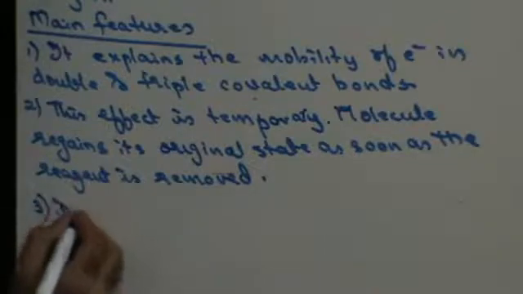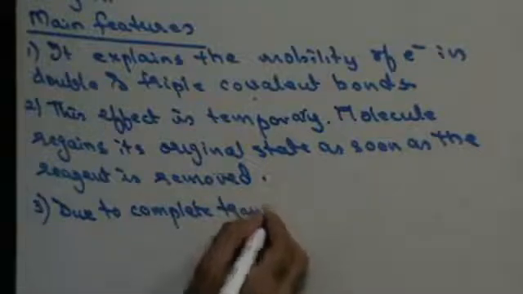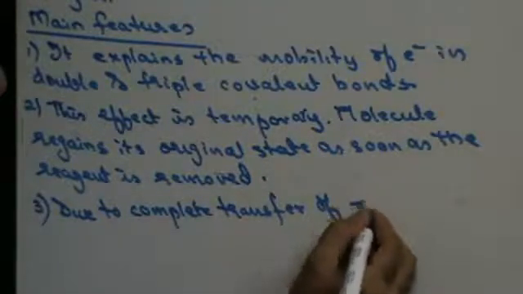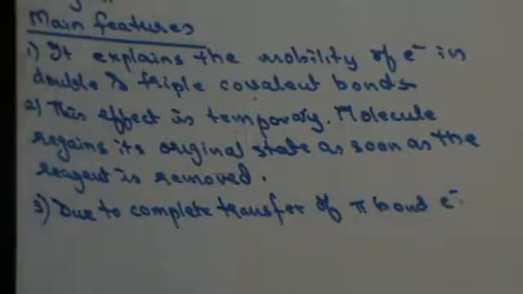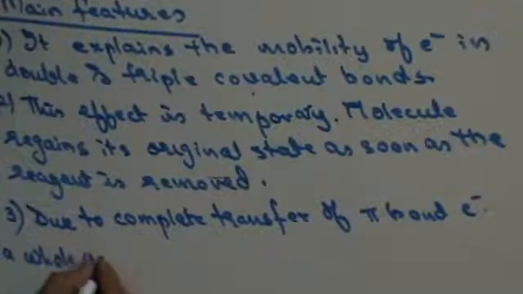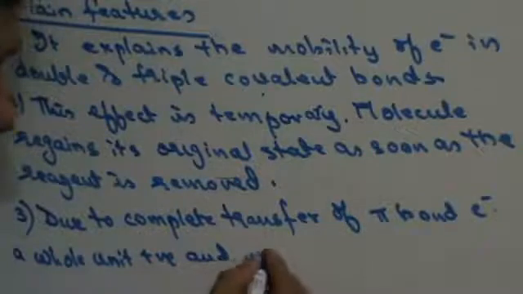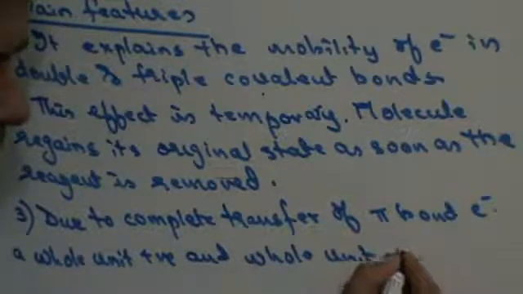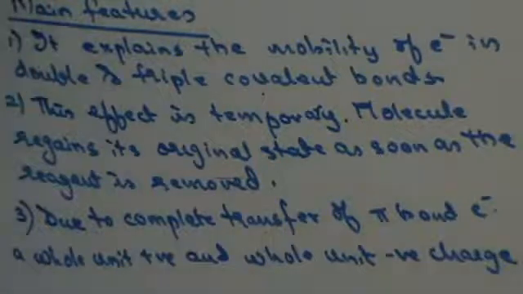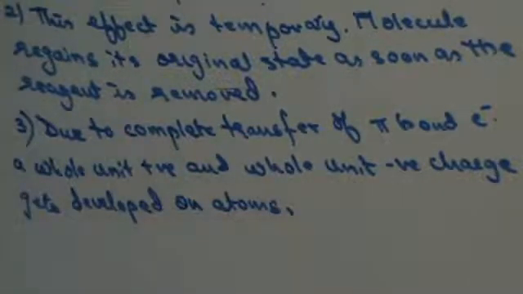Due to complete transfer of pi bond electrons, a whole unit positive and whole unit negative charge gets developed on the respective atom. Right?